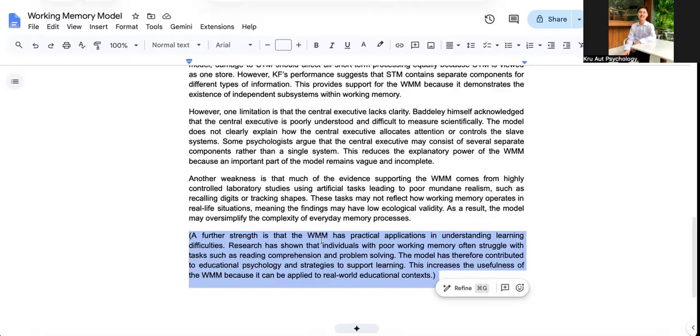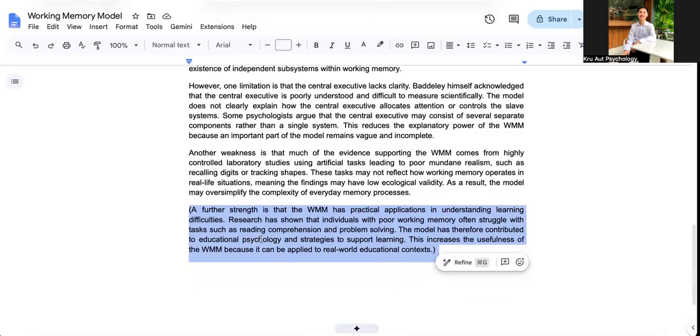So let's see how we can write practical applications for topics that we usually don't think about in everyday life. It's very abstract, something on a theory or model. A further strength is that the working memory model has practical applications in understanding learning difficulties. For practical applications, it doesn't necessarily have to come from a textbook.